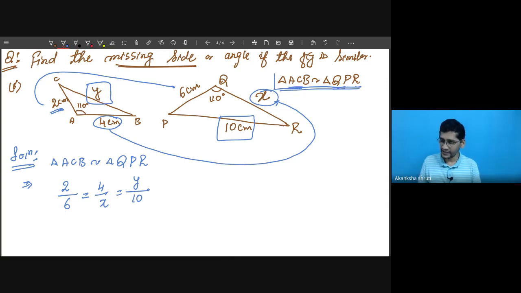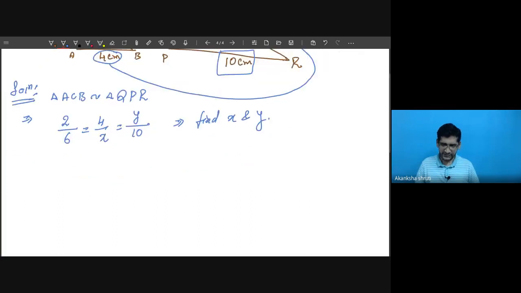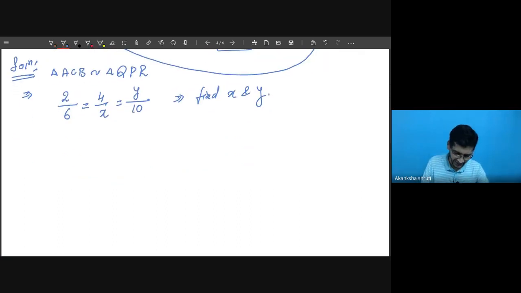Okay student, from here you have to find x and y. How can we get them? We have learned in algebra that it gives two equations, because there are 3 ratios which are equated. So we can get 2 equations. You are free to equate one with third, one with second, second with third. Ultimately you will get 2 equations.